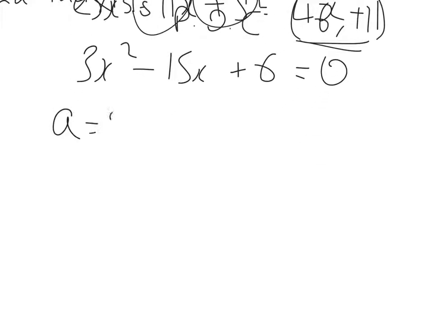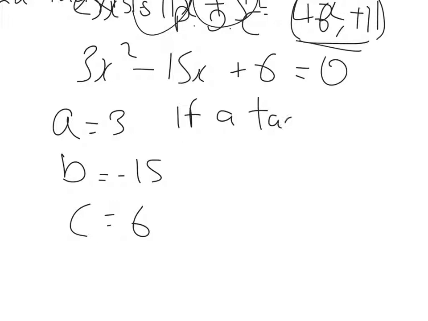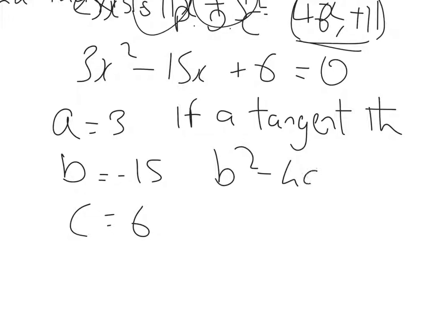A is equal to 3, b is equal to minus 15, c is equal to 6. So for tangency to exist, if a tangent then the discriminant b squared minus 4ac is equal to 0. So let's investigate if that's true.